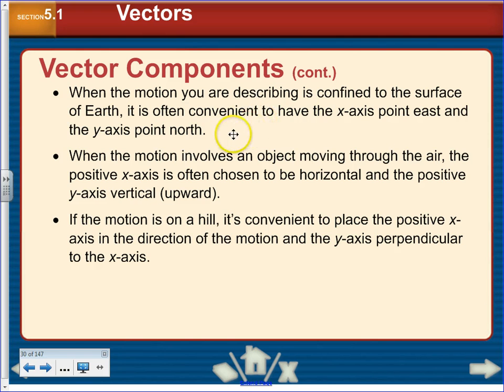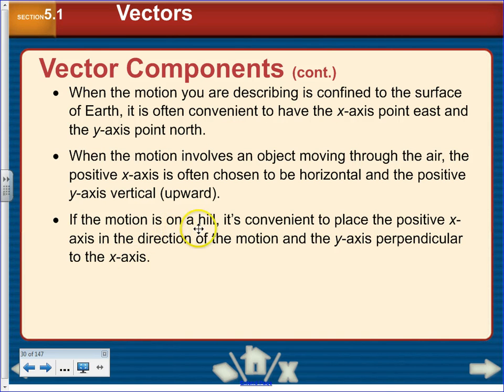So here's a couple of pointers. When the motion you're describing is confined to the surface of the Earth, it's convenient to have the x-axis as east, y-axis is north. That's just kind of a convention. It doesn't have to be that way, but that's what we tend to do. If the motion involves motion through the air, generally we're going to have the x as the horizontal and the y as the vertical, and those will both be positive.